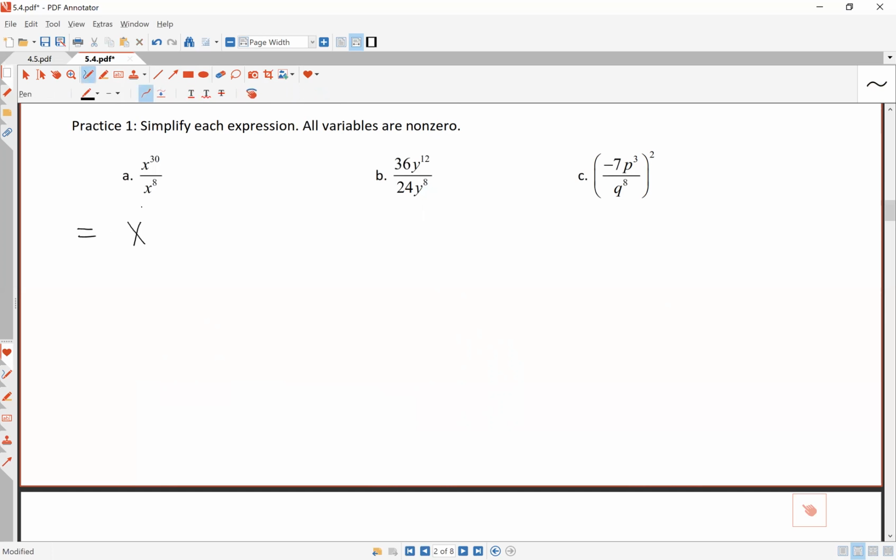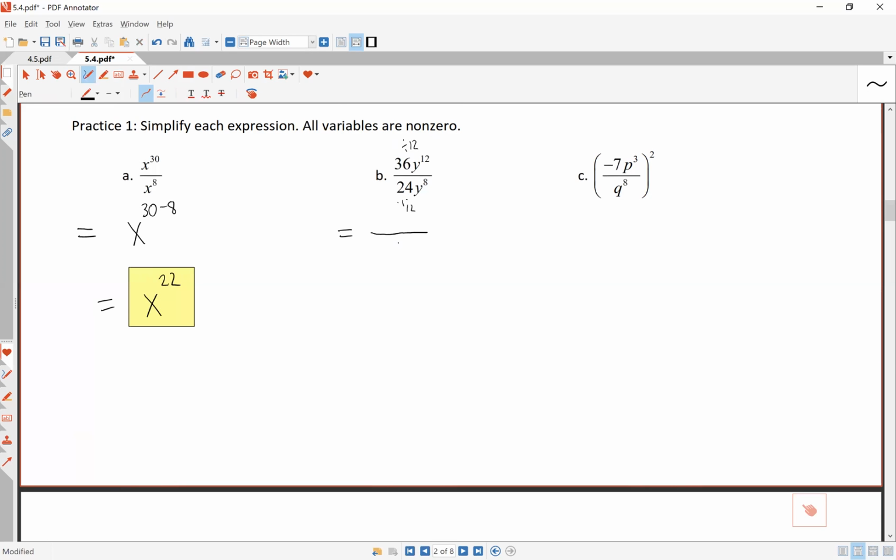We subtract the denominator's exponent from the numerator's, and 30 minus 8 is 22. Next, 36 over 24. They have a 12 in common.